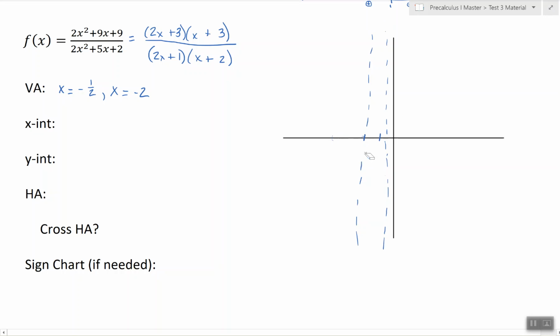One doesn't look quite so vertical. I'm going to redraw that. Okay. So since we have two vertical asymptotes, we're going to have three parts to our graph. The x-intercept: if we set this equal to 0 and solve, we will be able to find our x-intercepts. Remember, to find an x-intercept, you make the y equal 0. When I multiply both sides by the denominator to clear the fractions, I end up with just the numerator.